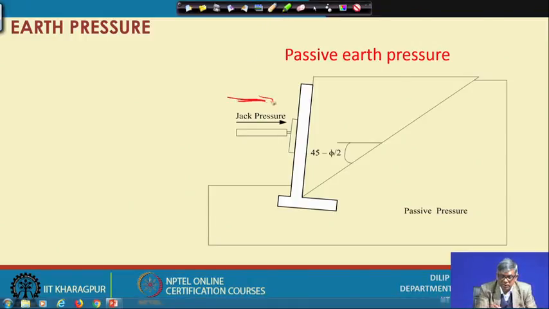Again, if you push the wall like this, as in the previous case, will the entire zone of soil be affected, or only a particular zone? Soil within this zone only will be affected, and how to determine this zone? You can draw a line from here at 45 degrees minus phi by 2 with the horizontal, and this zone is actually the passive zone.